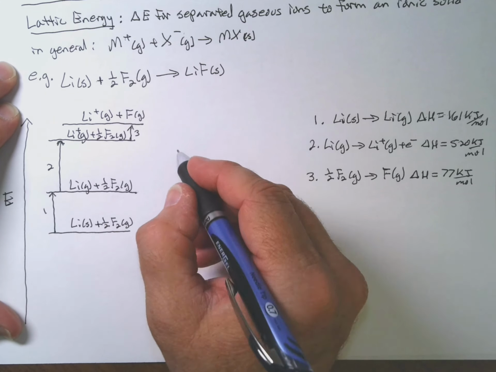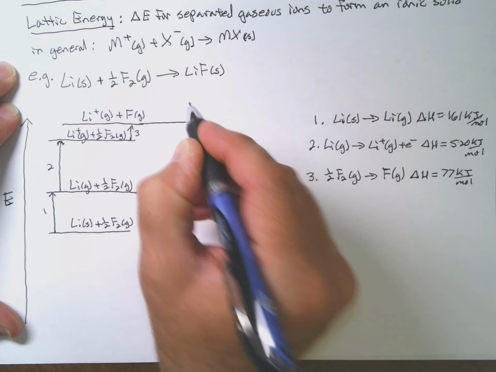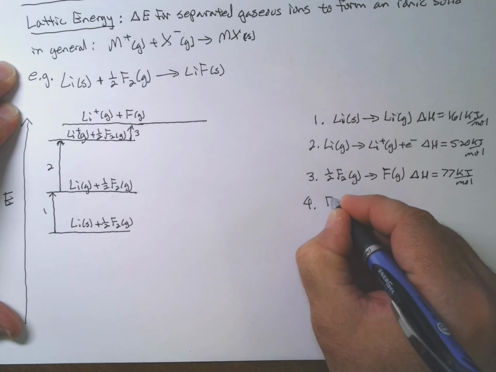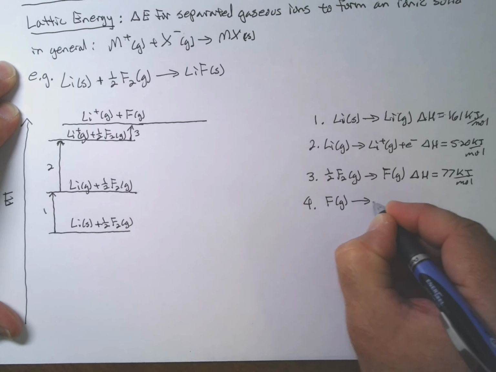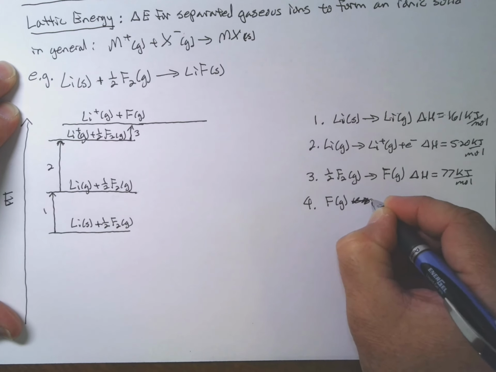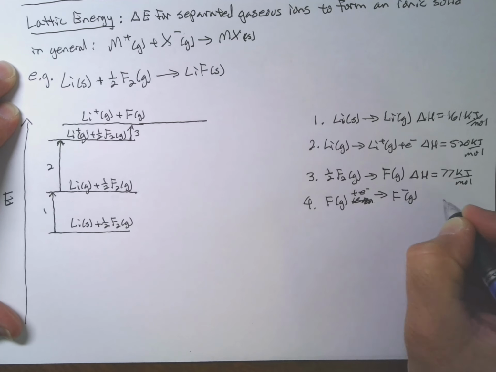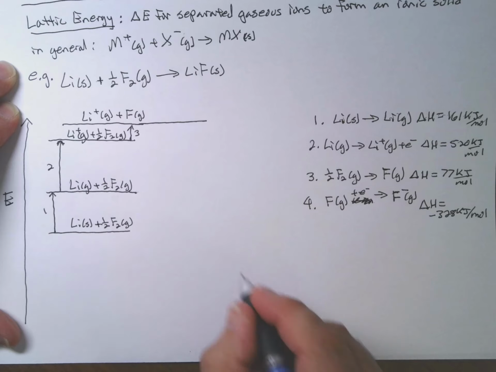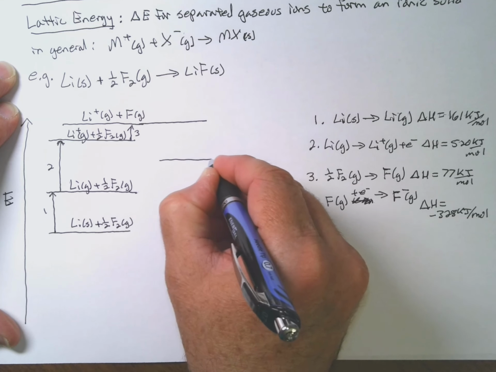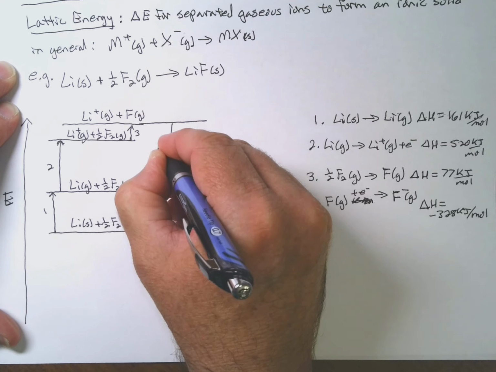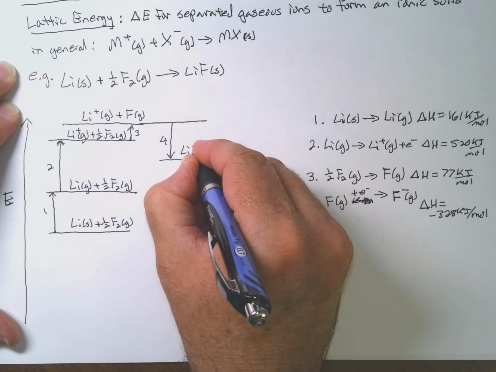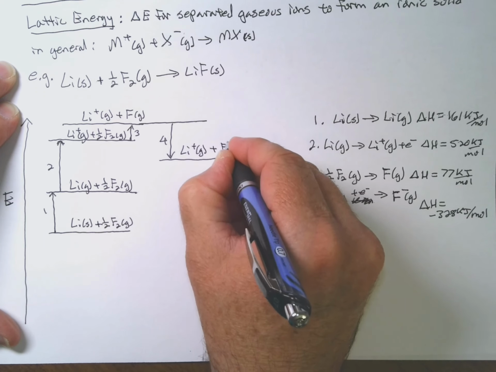And then for number 4 we need to have our F gas picking up an electron, plus e minus gives us F minus gas. And here my delta H is actually negative. It's minus 328 kilojoules per mole. So we'll drop down to maybe about there. So this is Li plus gas plus F minus gas.